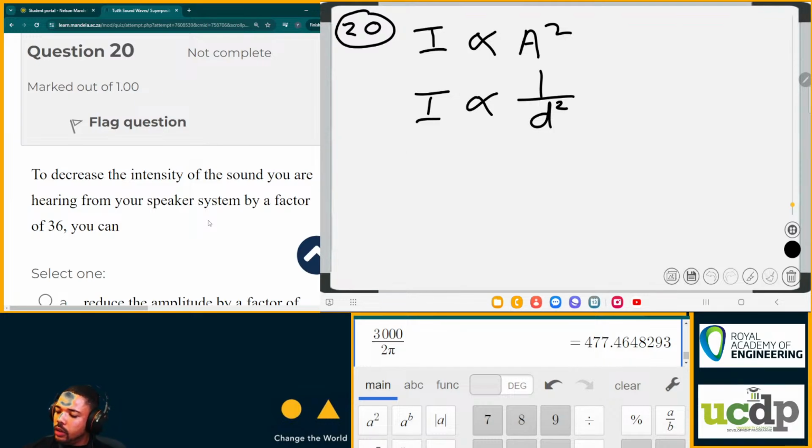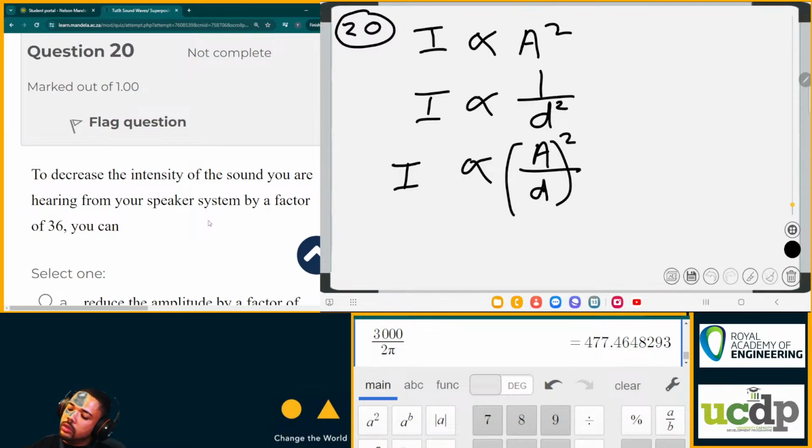So in general, intensity is proportional to the square of the amplitude over the square of the distance. Okay, now let's put in each of those values.